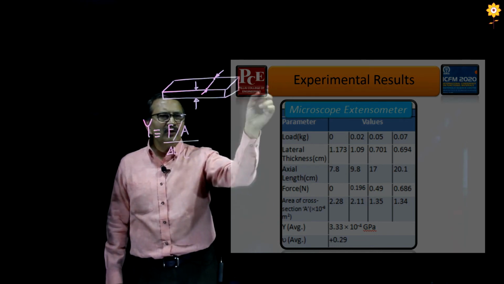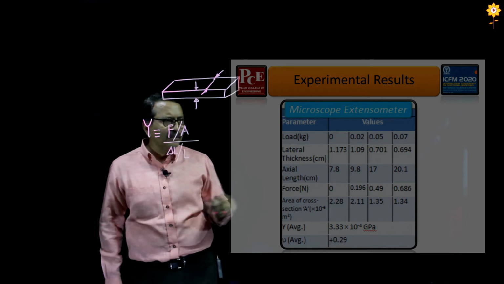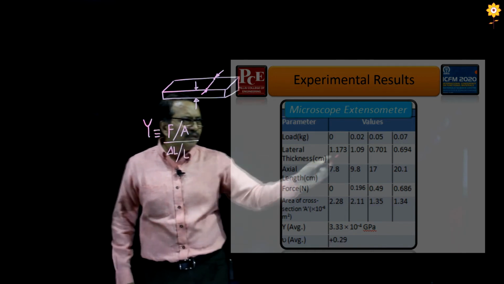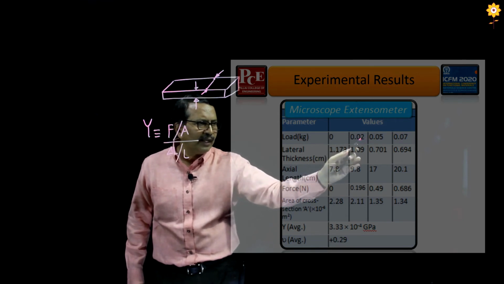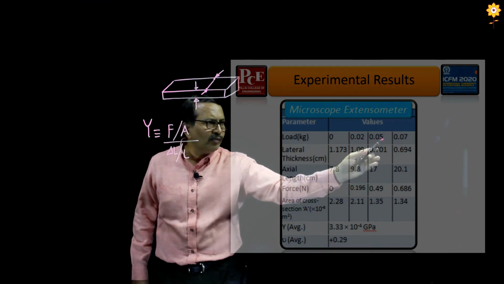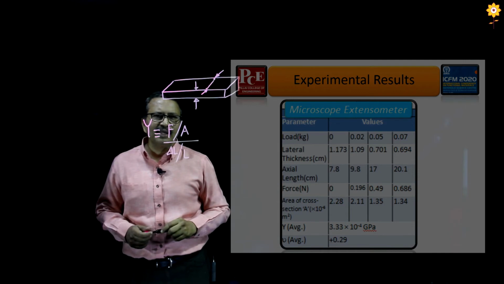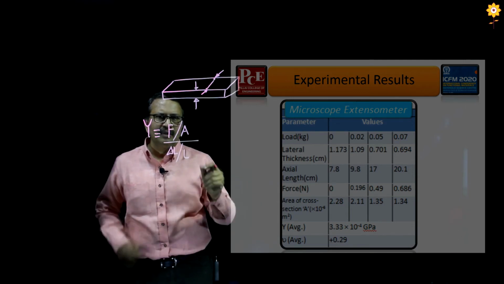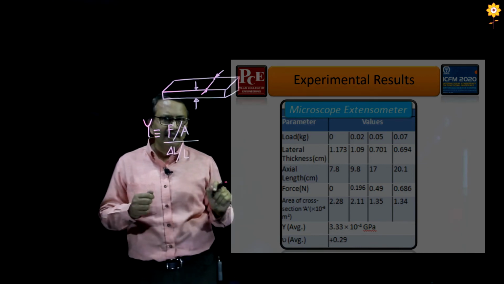Force is the amount of force given by the weights that are attached to it. Now in this case we have several loads: this was the unstretched one, followed by a load of 20 grams, which is 0.02 kg, followed by 0.05 kg, and the last one, 0.07 kg. So these are the different loads to which we are subjecting this polymer strip of the glove material.